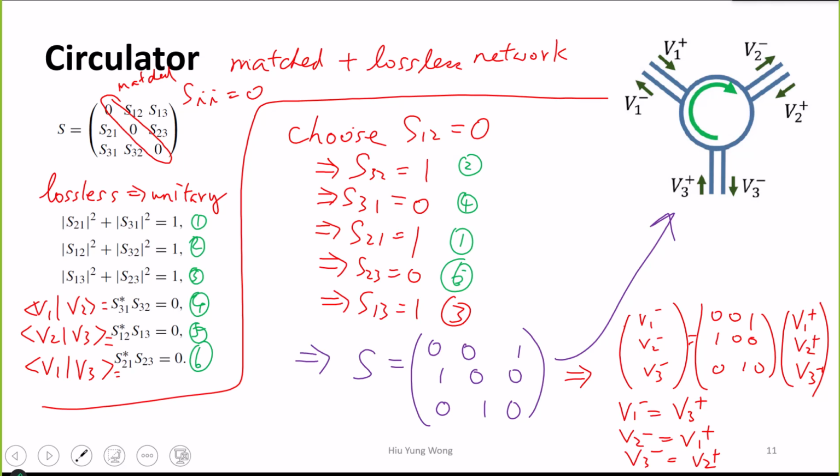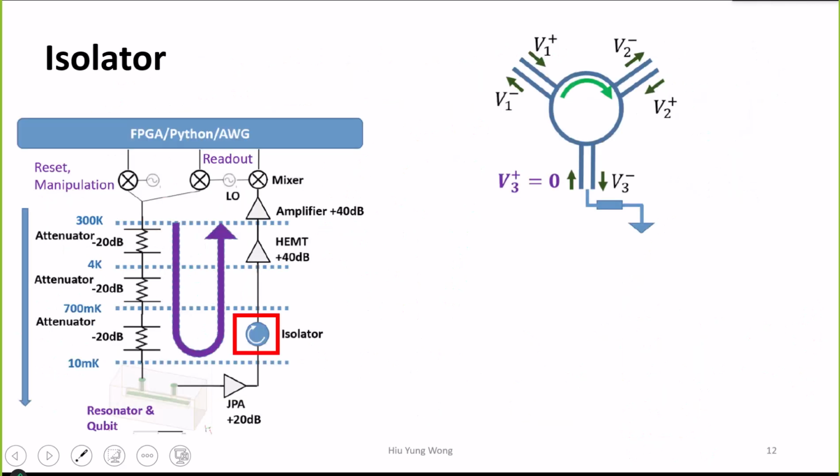So why do we want this? Because with this circulator, then I can do this. I'm going to match port 3 so that there will be no signal going into the system. I match it, right? This is match. And then there's no signal going to it.